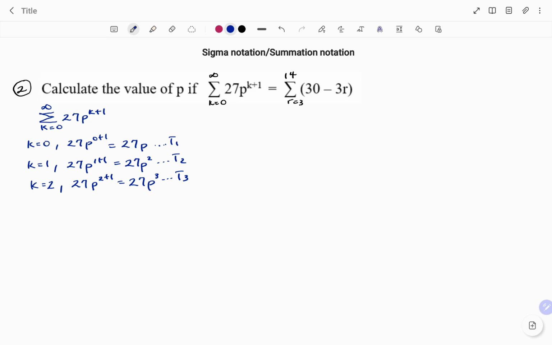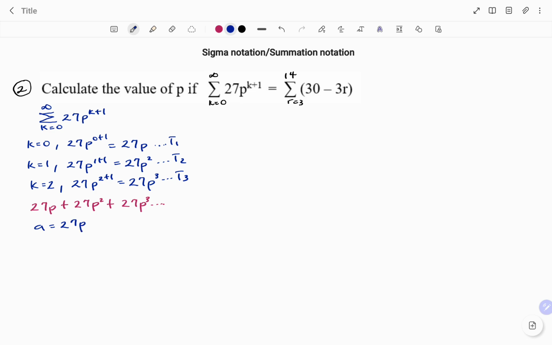So therefore, our sequence would be 27p, that's our first term, plus 27p squared plus 27p cubed, and so on. We have our first term a to be 27p.